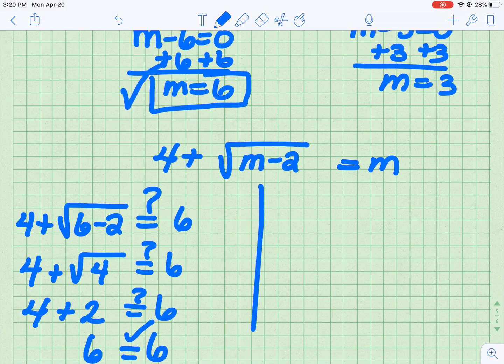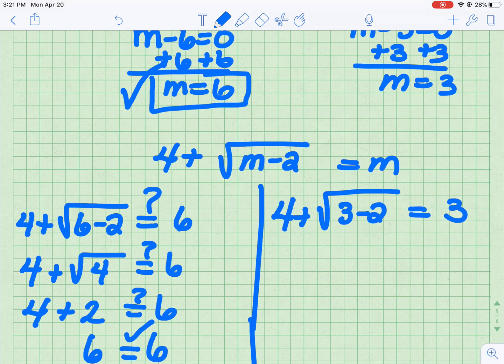This one checks. Now we're going to check 3. And just because 6 worked doesn't mean 3 will work. You have to check it. There could be 2 solutions, there could be 1 solution, or there could be no solutions. So you have to check each one. So 4 plus the square root of 3 minus 2. Does that equal 3? I'm going to put my question mark so I remember I'm not moving it.